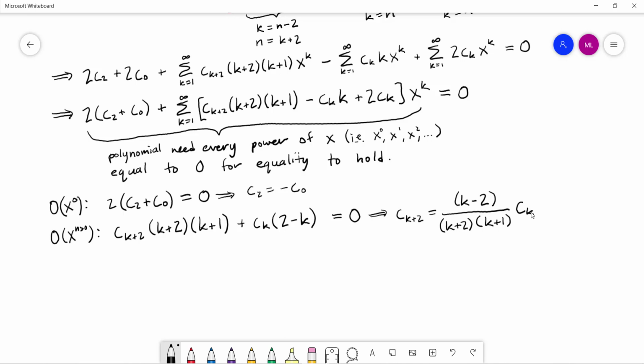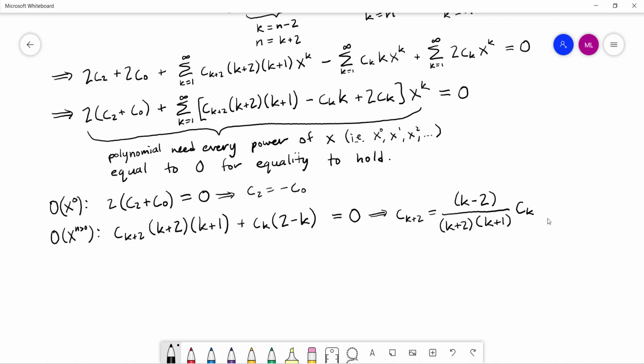When I let k be equal to 0, it'll tell me what c sub 2 is, but I already know that relationship right here. When I let k be equal to 2, it'll tell me what c sub 4 is equal to. But notice, as long as this one is even, we're going to be adding 2 to it and getting another even number. So each time we use this recursion relation, it skips over the k plus 1 terms in between.